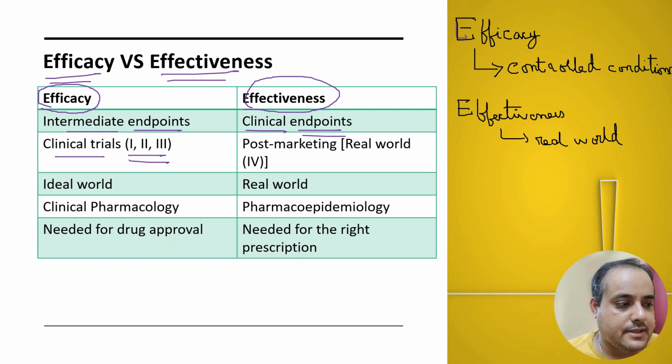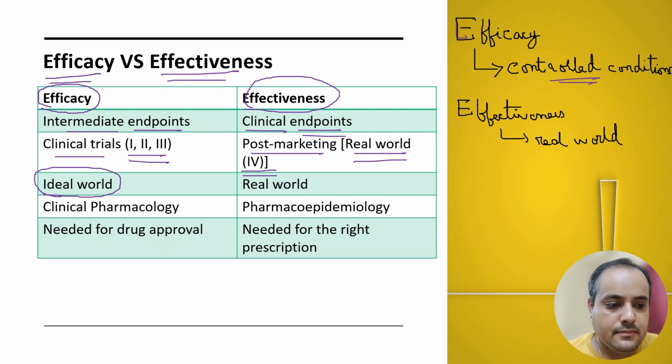Whereas effectiveness, since it is a real world scenario, is judged after post marketing of the drug, that is, after the drug has been marketed, in the real world, that is phase 4. Efficacy is judged in an ideal world with controlled conditions, whereas effectiveness is judged in the real world. This is the most important difference, students, please remember it.